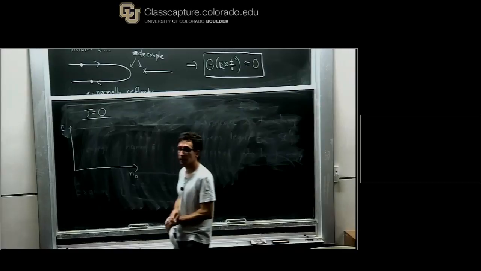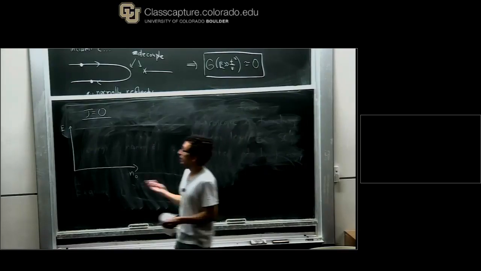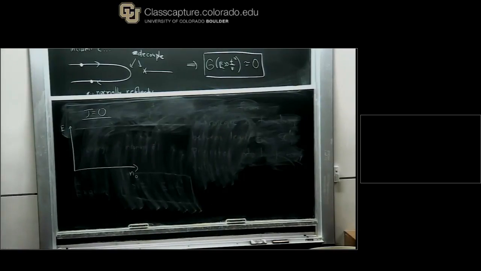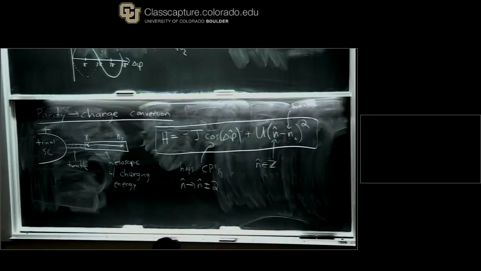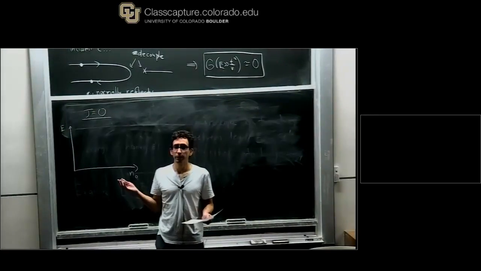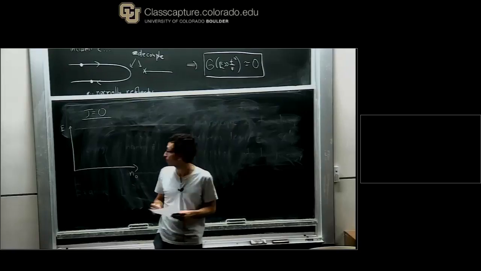Okay, so let's think about energy as a function of n0. At J equals 0, the Hamiltonian is kind of trivial because the eigenstates are just labeled by n hat, which in turn tells us how much charge sits on that part of the system. So basically, the energy levels just look like a bunch of parabolas corresponding to different values of charge.